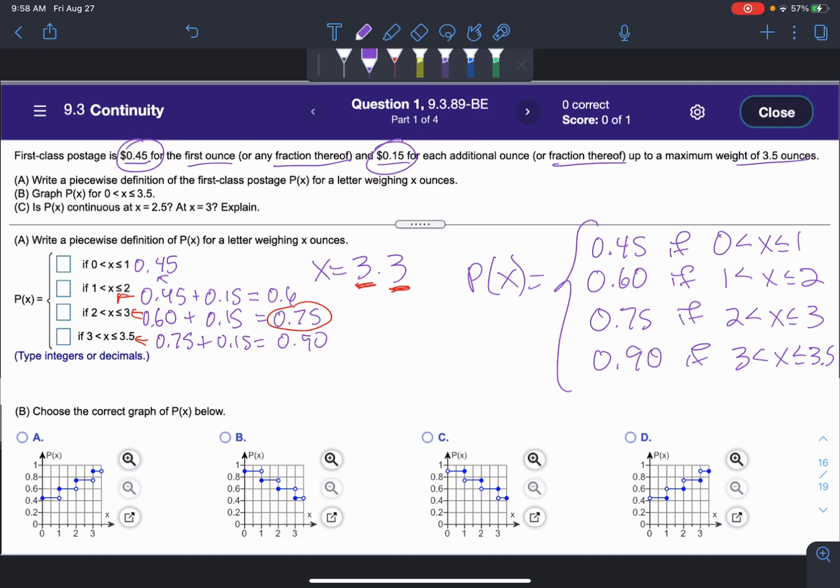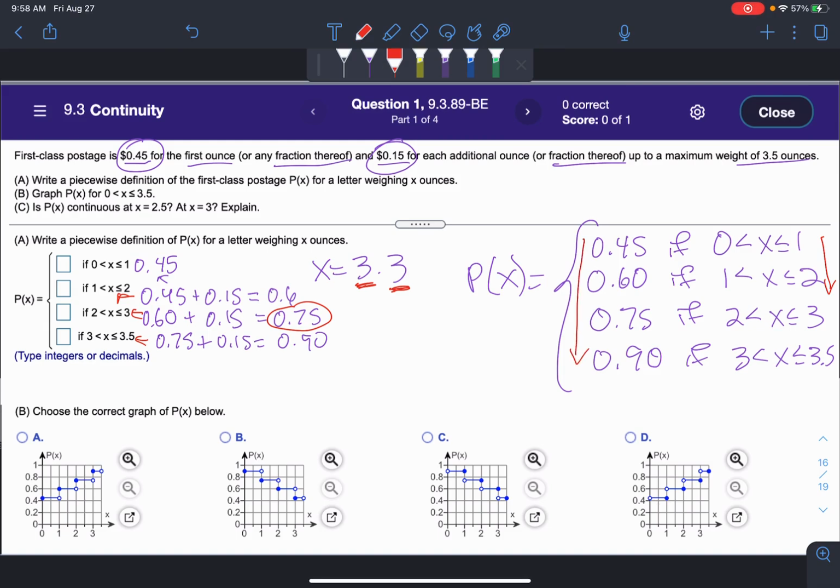Now looking at B, we have these different graphs that maybe you haven't seen before, but they're called step functions because they kind of look like a staircase that you could walk on. So what do we notice about P of X? Well, as my X gets larger, as we look down our piecewise function, my postage seems to increase, right?